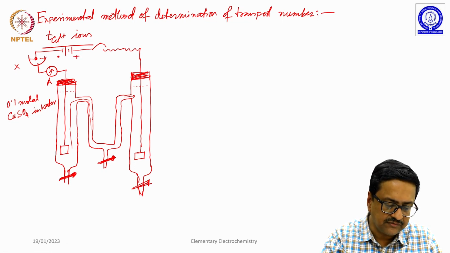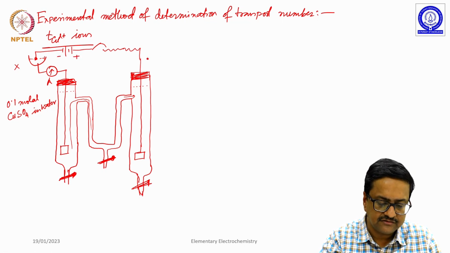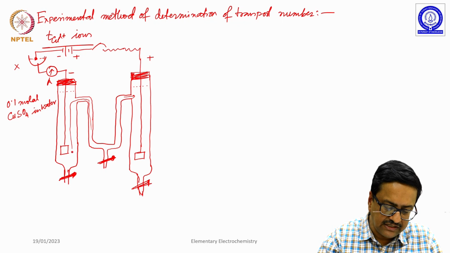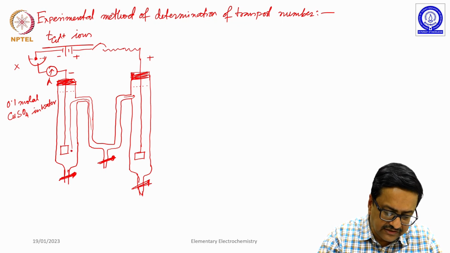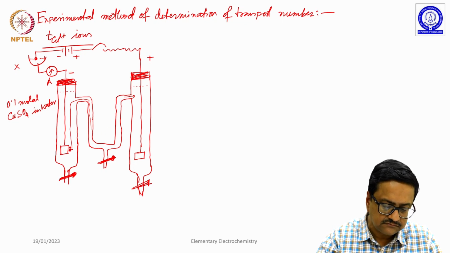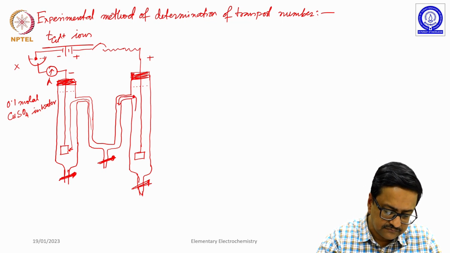This is the positive end of the battery, this is the negative end. So, what will happen is copper ions will get deposited here. So, copper will move from this side to that side.